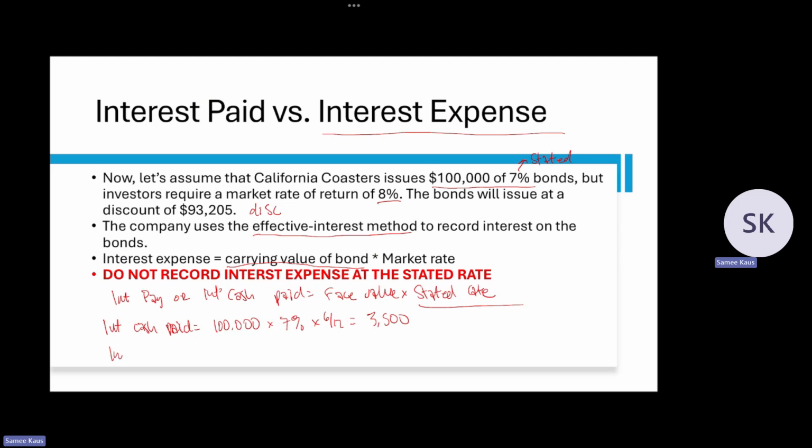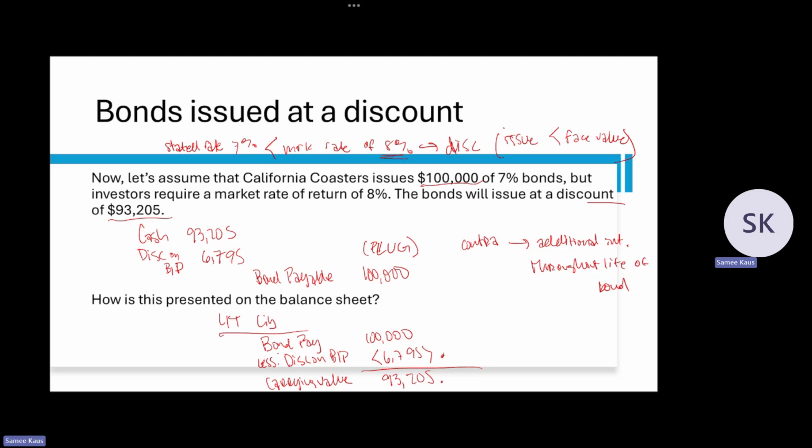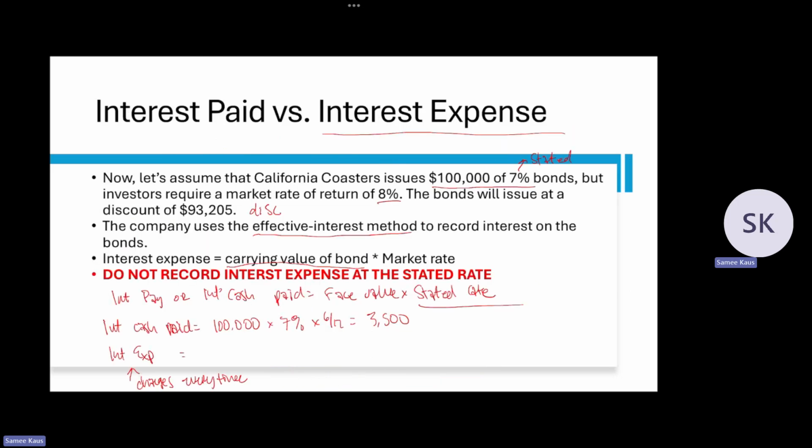But now, when I calculate interest expense, this interest expense changes every time. Why? Because the carrying value changes every time. So what is my carrying value of my bond? Well, it's this 93,205, the issue price. So I have 93,205 multiplied by my market rate of 8%, multiplied by the 6/12 that it's outstanding.